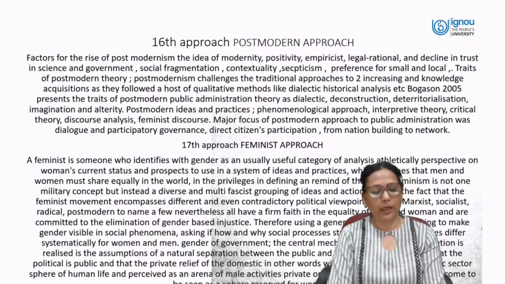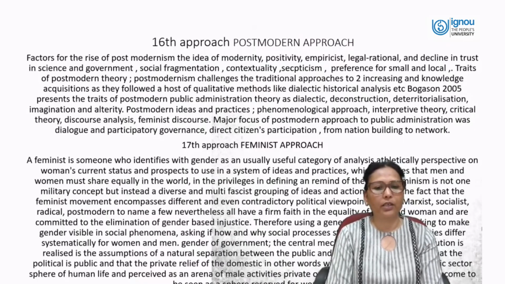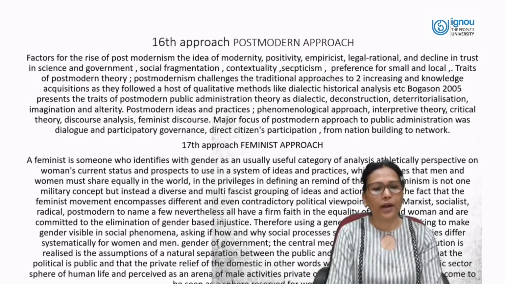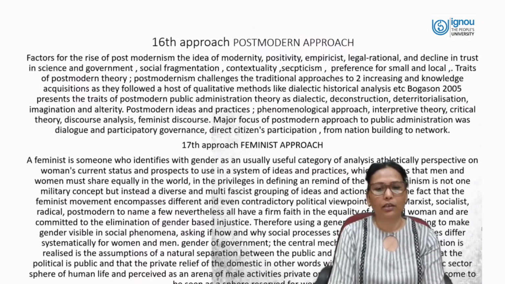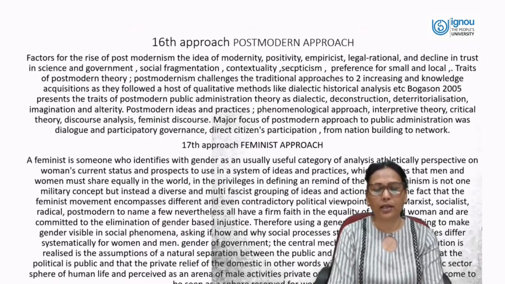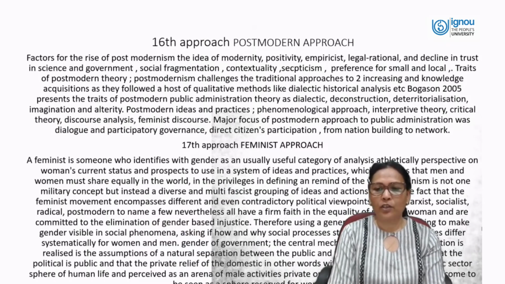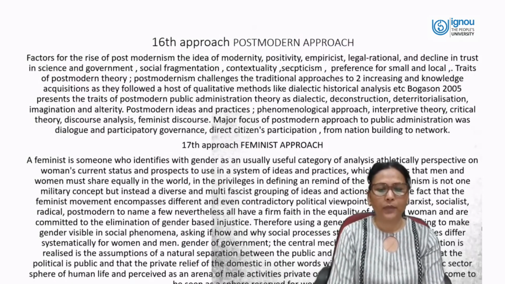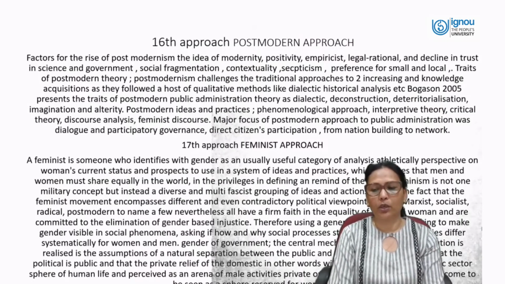The last approach in this subject was the 17th approach, the feminist approach. A feminist is someone who identifies gender as a useful category of analysis, with an ethical perspective on women's current status and prospects, using a system of ideas and practices which assumes that men and women must share equally in the world, in its privileges, and in defining and running the world.